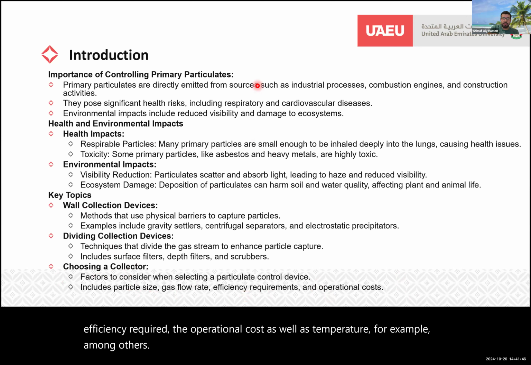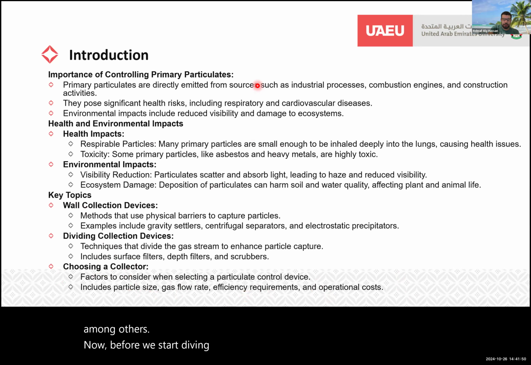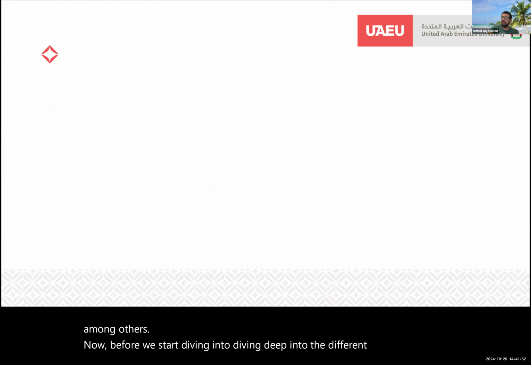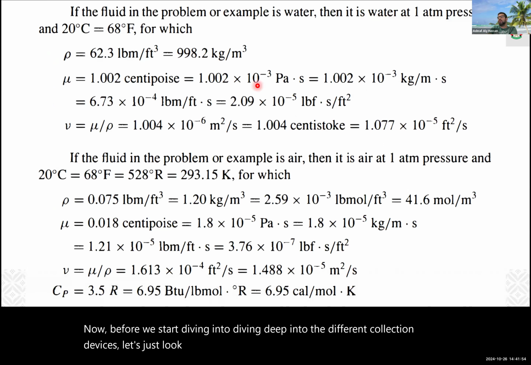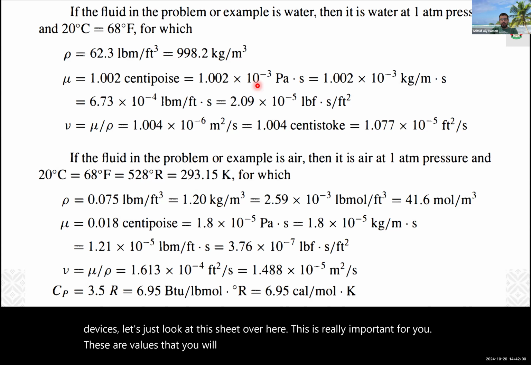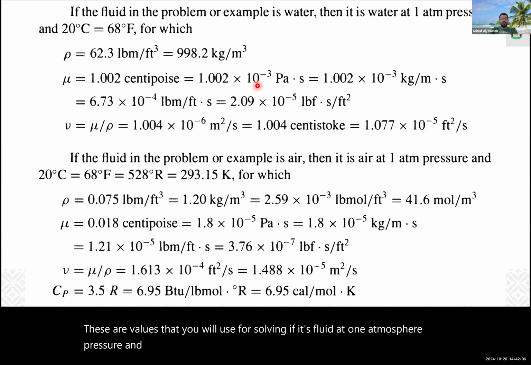Now, before we start diving deep into the different collection devices, let's just look at this sheet over here. This is really important for you. These are values that you will use for solving if it's fluid at 1 atmosphere pressure and 20 Celsius. The values for density, for mu, for nu.